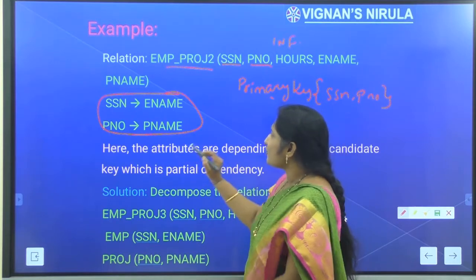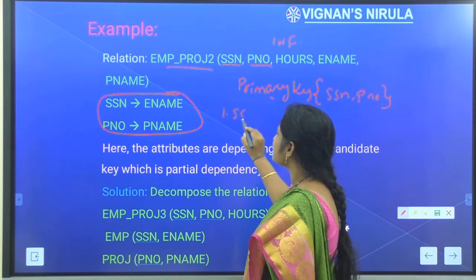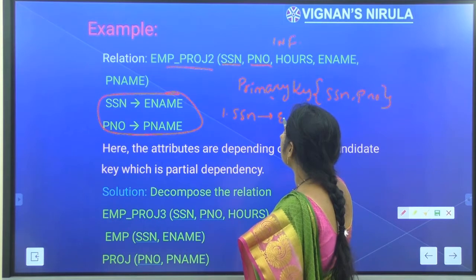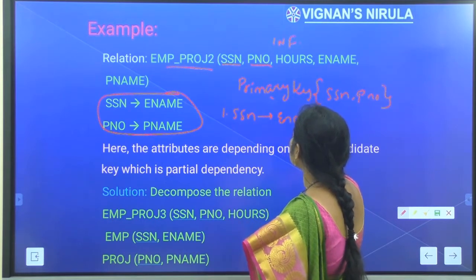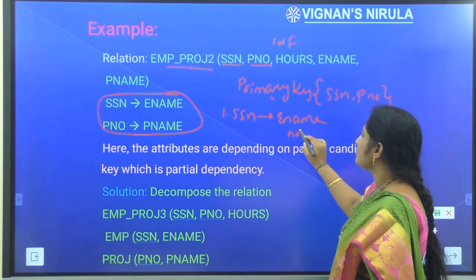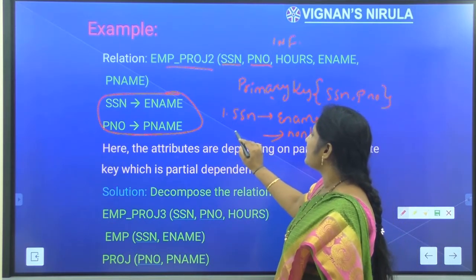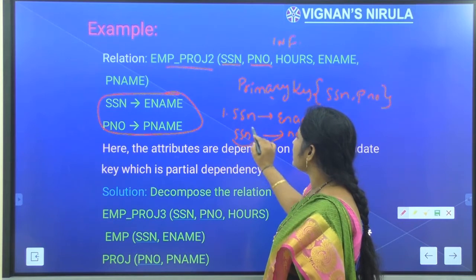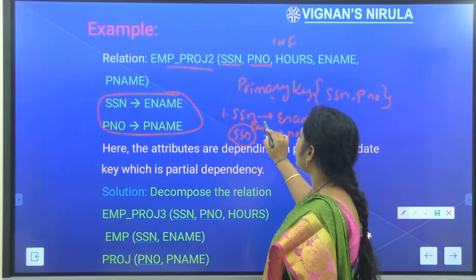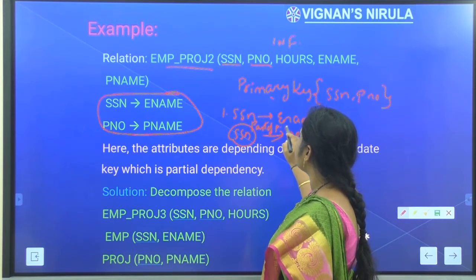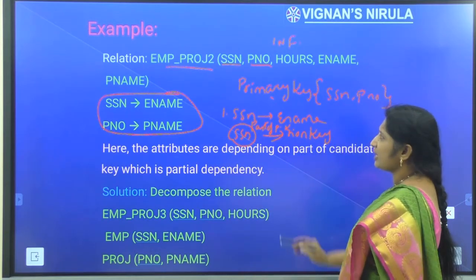Considering the first FD, SSN implies E-name. E-name is a non-key attribute. It depends on SSN, which is only part of the primary key, not the entire primary key. What is the primary key here?